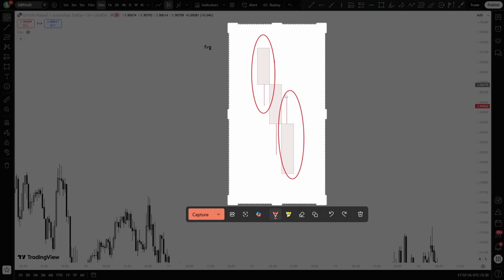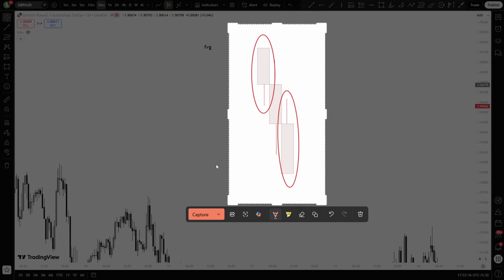These are the two candlesticks that we are looking at. So we are not going to pay attention to this candlestick which is in the middle. We are just paying attention to this candlestick and this candlestick.